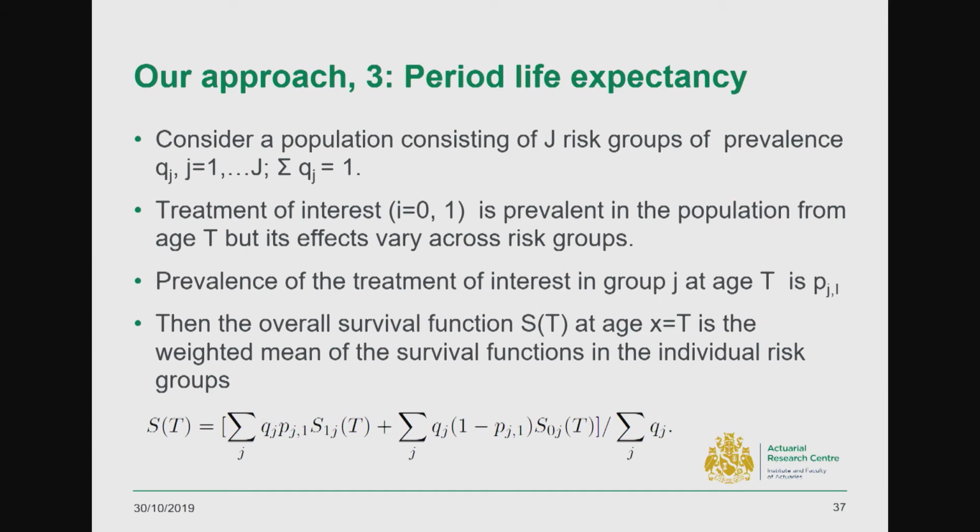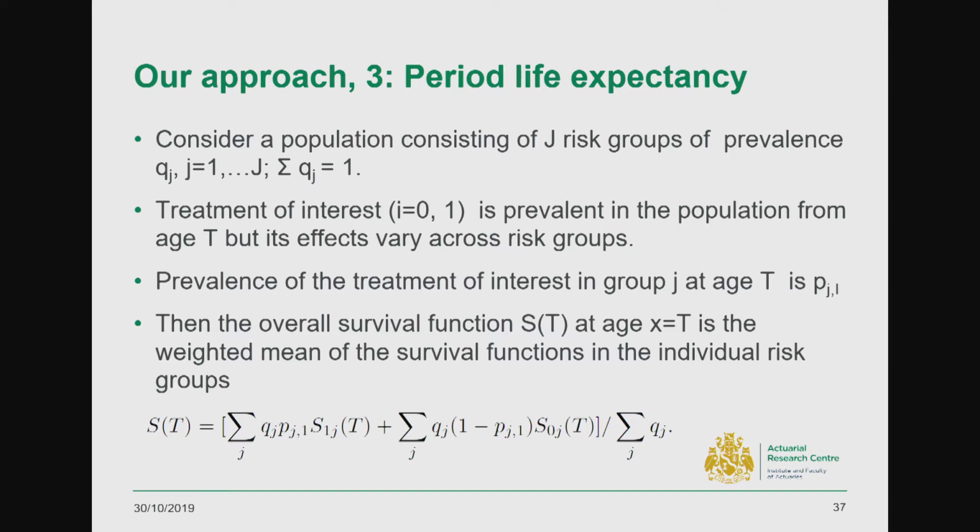So I'm going to look at a population which will consist of capital J risk groups. And the prevalence of those risk groups will be denoted by Q_j. The sum of those Q_j is 1. For instance, I am going to talk about cardiac risk groups.